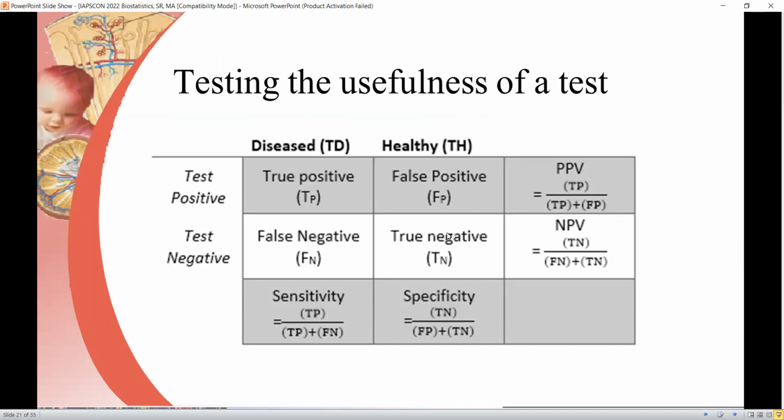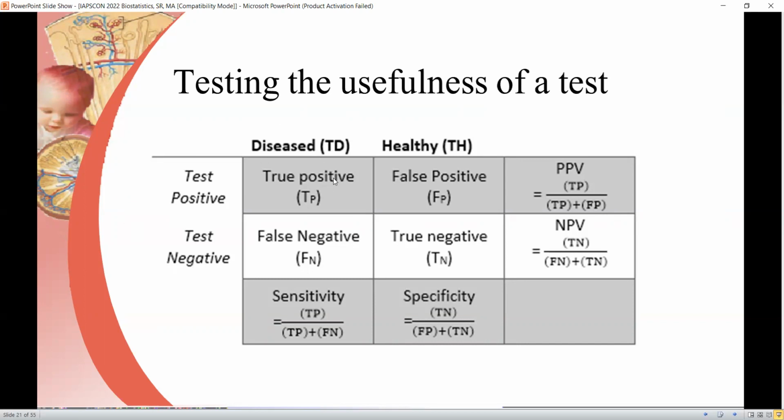Now, testing the usefulness of a test. Just imagine that we have a particular serum marker where we want to see whether that is useful to identify a disease. Whether the patients are diseased or healthy, the test marker becomes positive or negative. For example, C-reactive protein and severe sepsis.